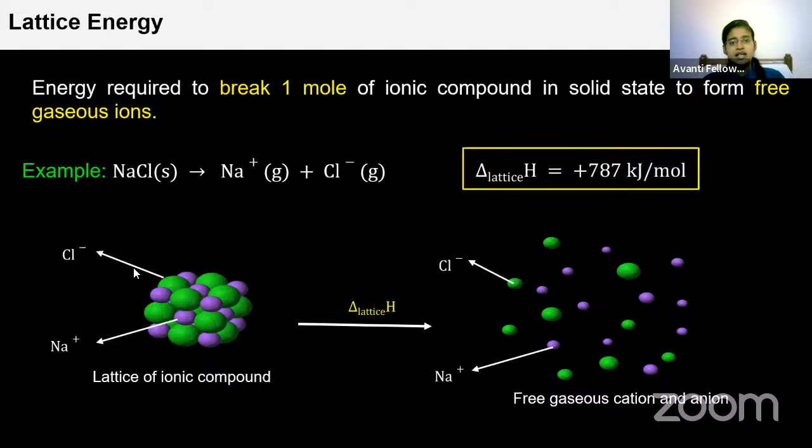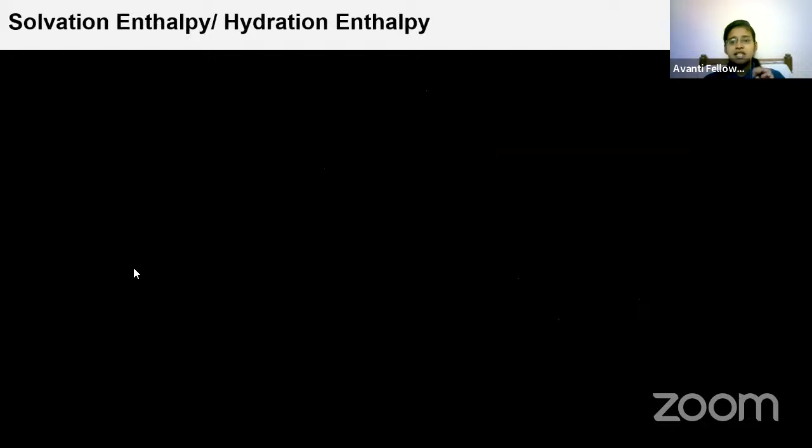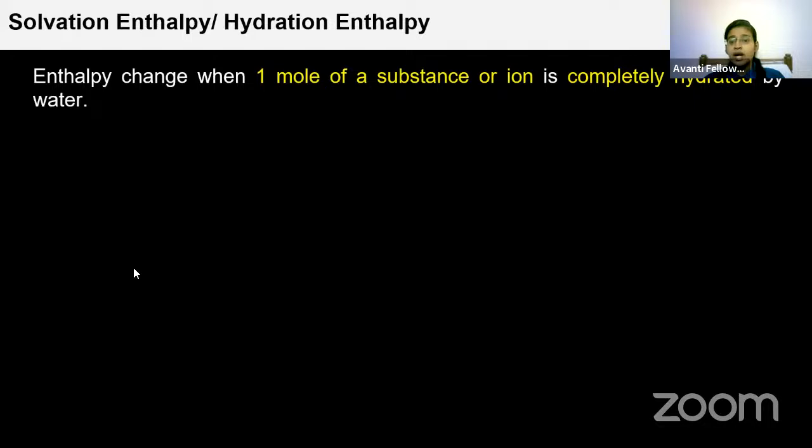And the second term is called hydration enthalpy. What is it? It is the enthalpy change when 1 mole of a substance or ion is completely hydrated by water. Okay. So if Na+ reacts with water molecules, it forms aqueous Na+.